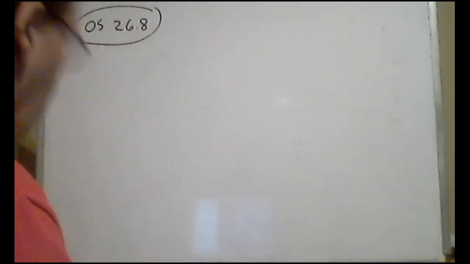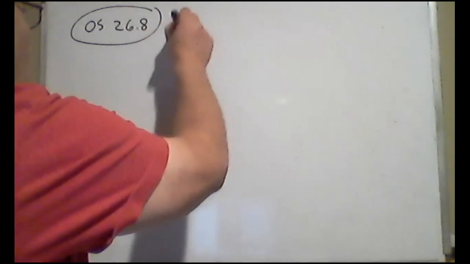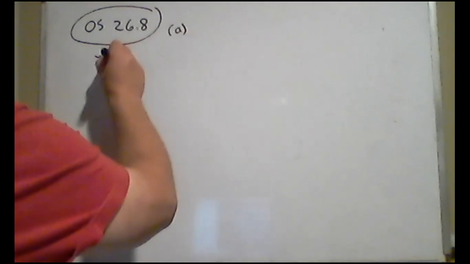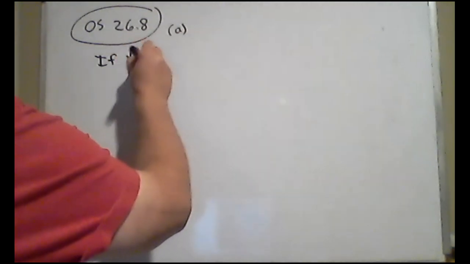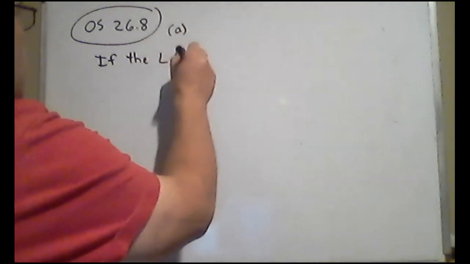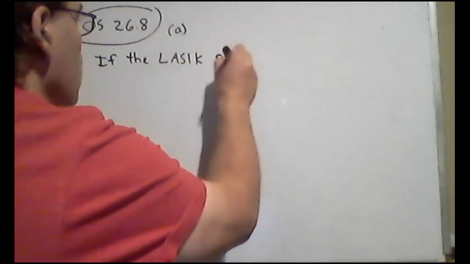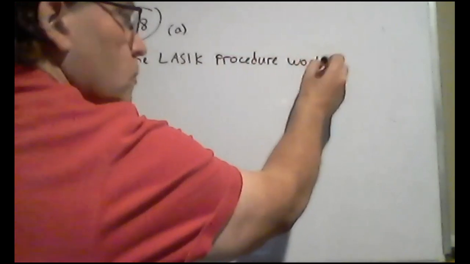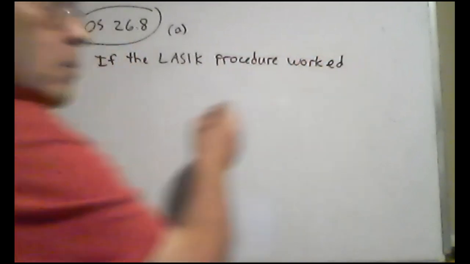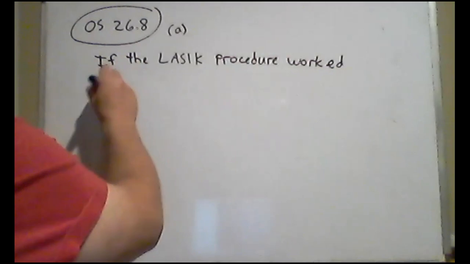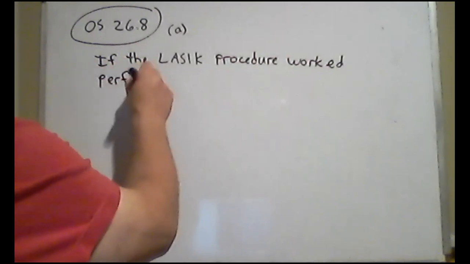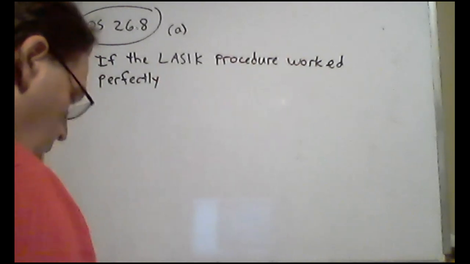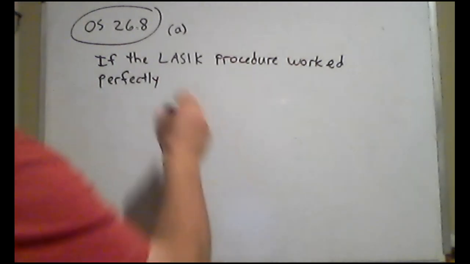All right. So let's look at part A. If the LASIK procedure worked perfectly, then the person would not need any vision correction.